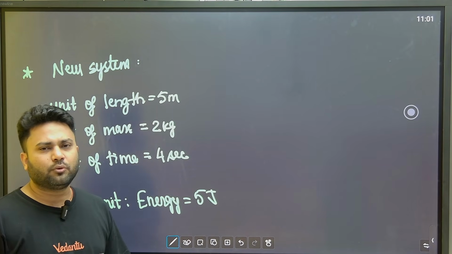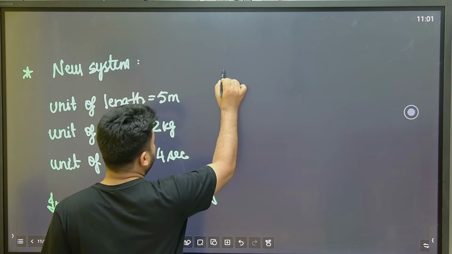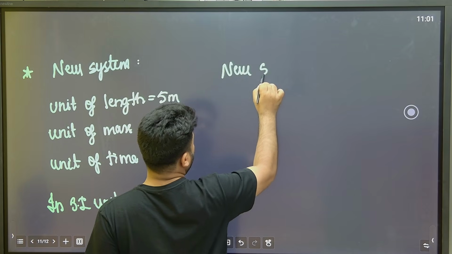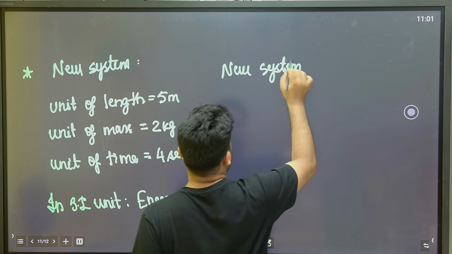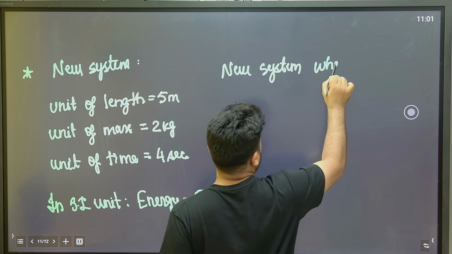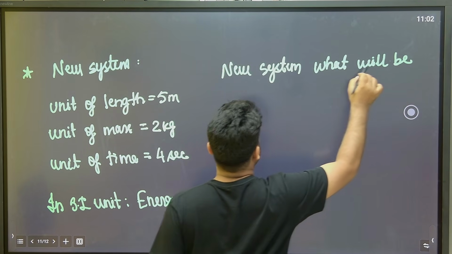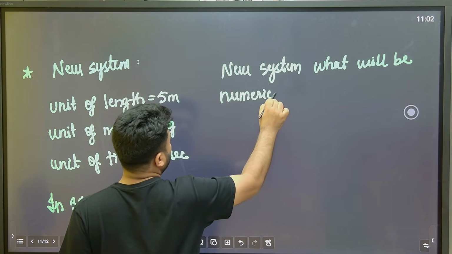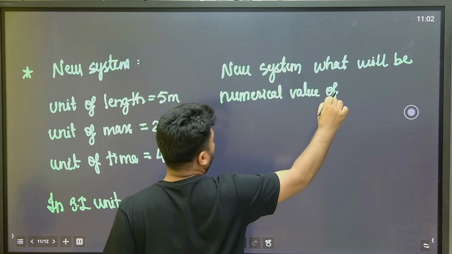So in this new system, the question is, what will be the numerical value of unit?